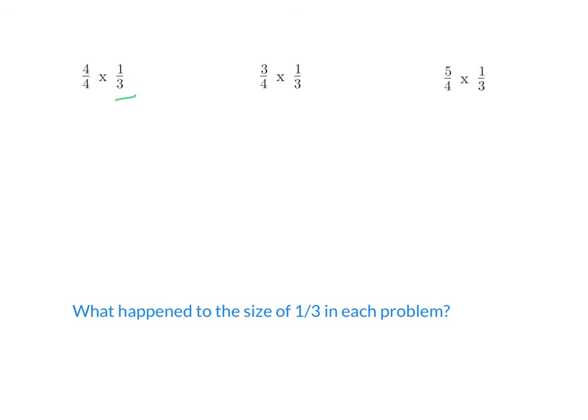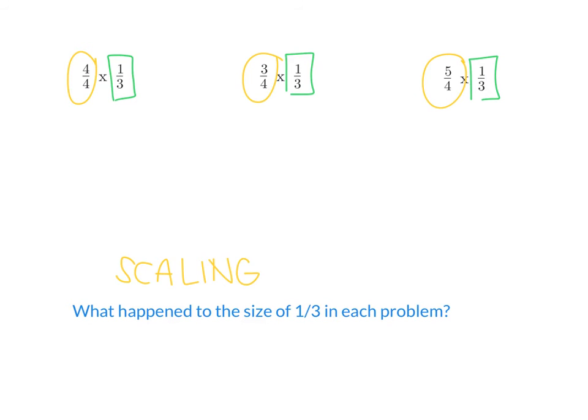In this set of problems, we can see that the 12 once again remains the same. That means the other factors, 4/4, 3/4, and 5/4, we call those scaling factors. Everyone write this down: scaling factors. The scaling factor is the one that's going to tell you if the factor that's the same is going to get bigger or smaller.